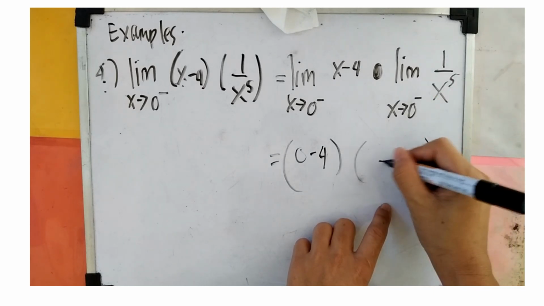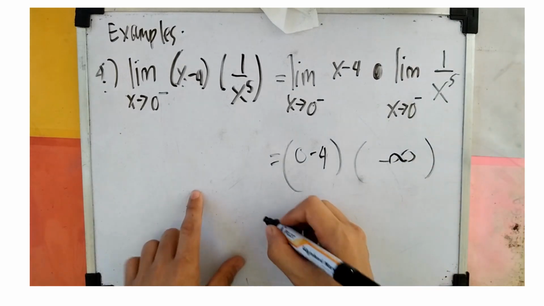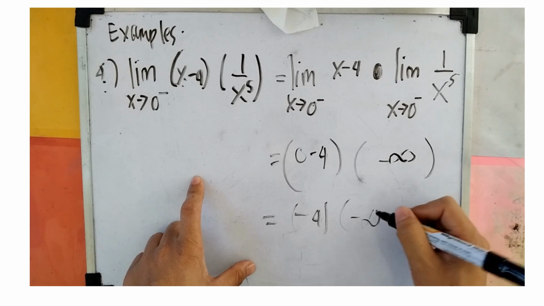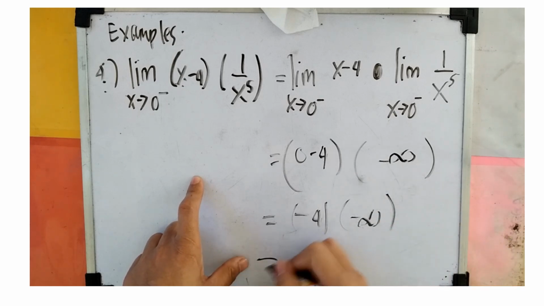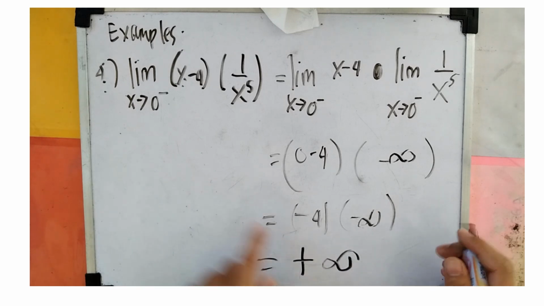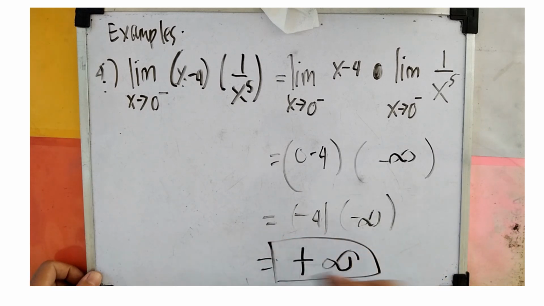Di ba negative infinity? Pero pag even, positive infinity. So, negative 4 times negative infinity. Ano answer? Negative times negative, that's positive. Again ha, makuha yung sign ng limit or ng constant answer. So that's it.